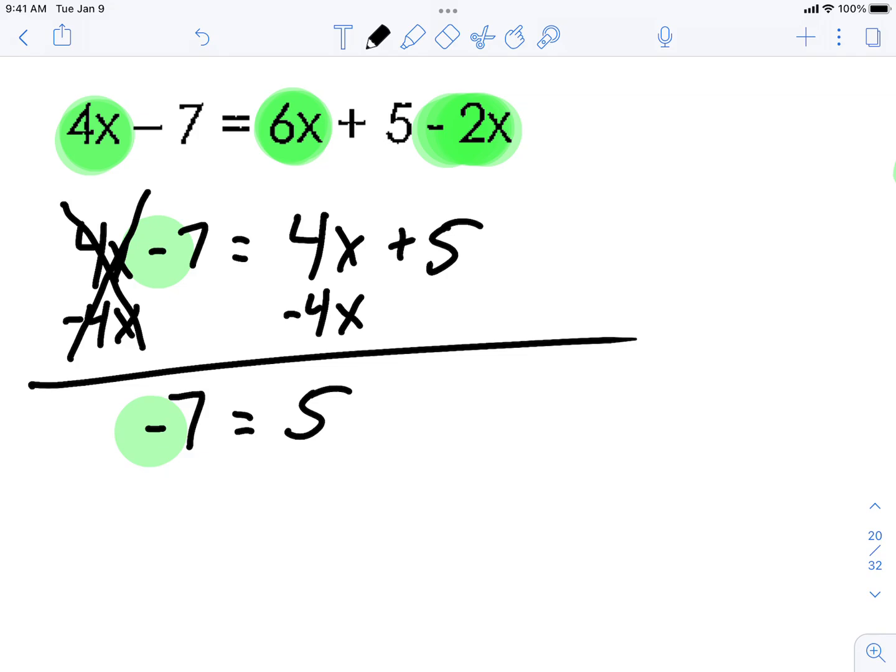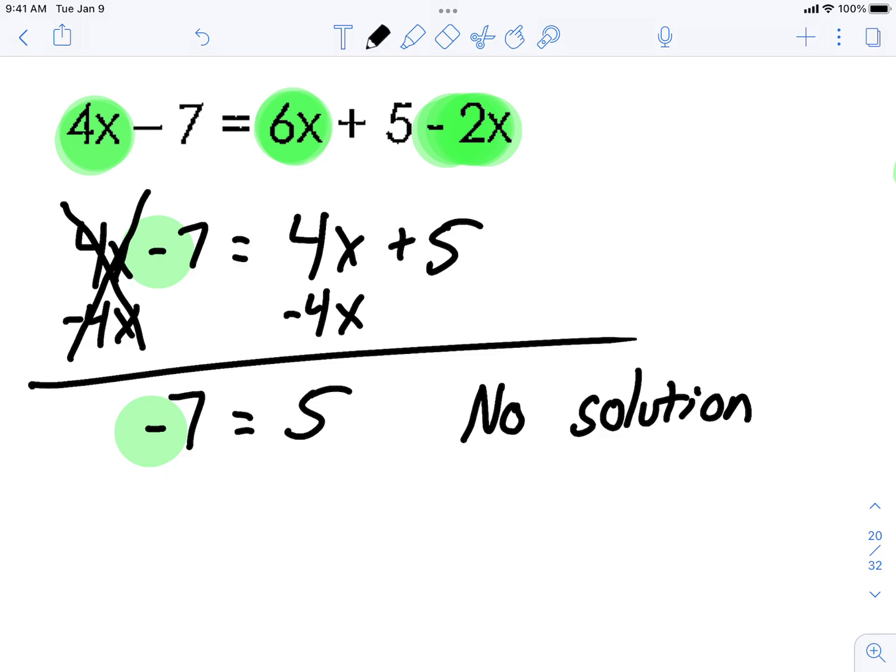If you get to a point where your variables get eliminated, where you don't have x's or y's or anything else, you just have 2 numbers that equal each other. If it is a false statement, your final answer that you need to write is no solution. And what this means is no matter what number you plug in for x, the statement will never be true.